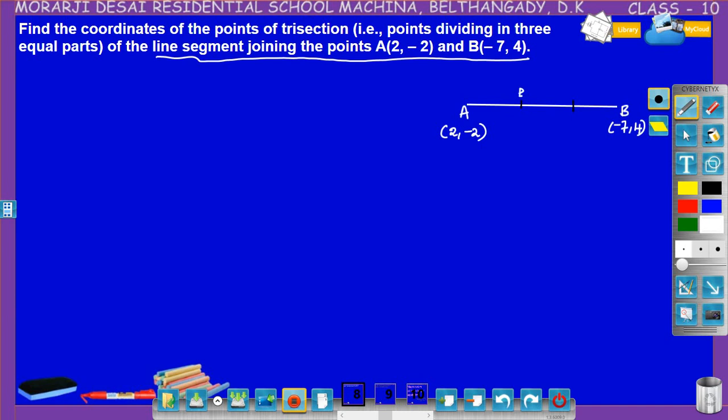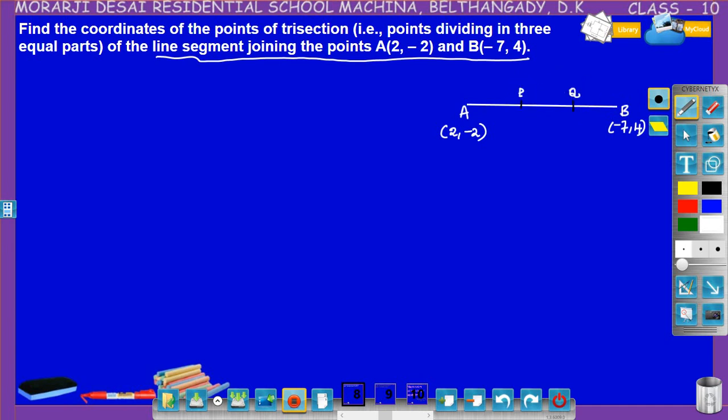Let this point be P and this point be Q. Now the line is divided into 3 equal parts, AP, PQ and QB. Now you have to find the coordinates of point P and the coordinates of point Q.